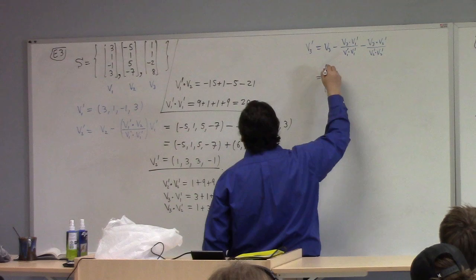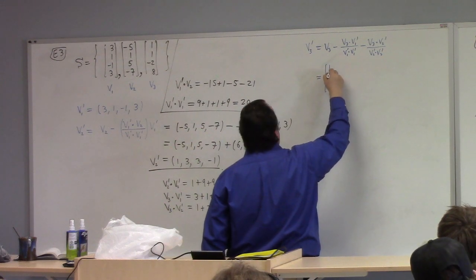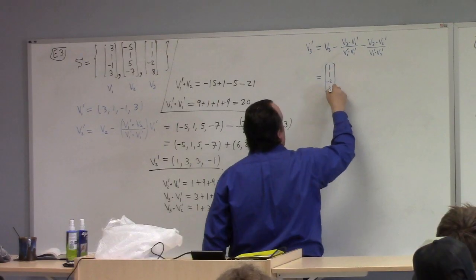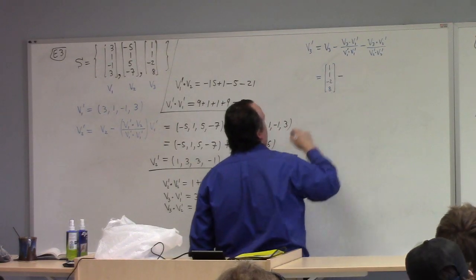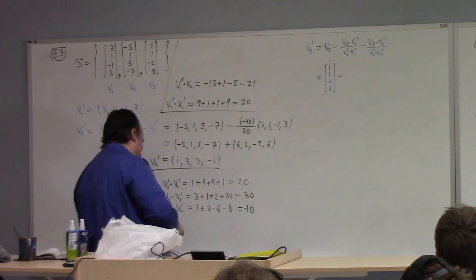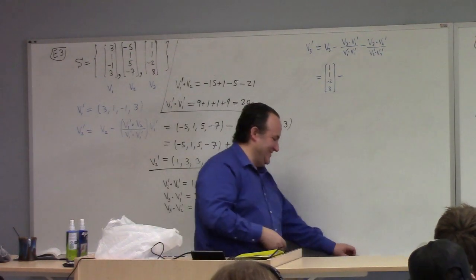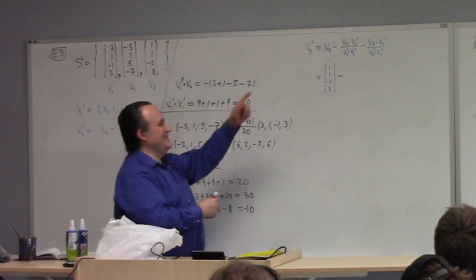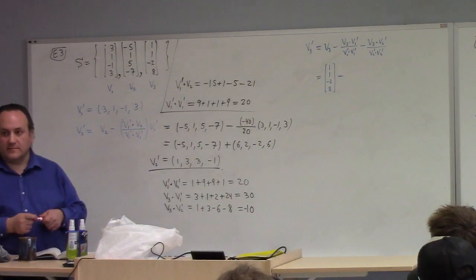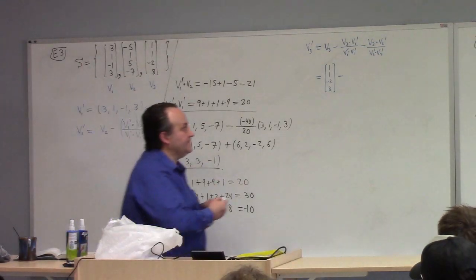And also because I'm going to run out of space if I go horizontal. 1, 1, minus 2, 8, minus, all right. See, I have, this is nonsense. You can't add numbers to vectors, can you? No, what am I missing?